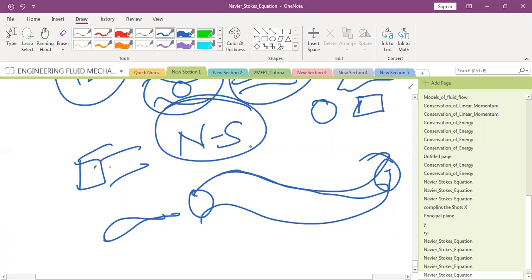Yes sir. So the Navier-Stokes equation does not have a solution for all geometries, and that is why we need to devise certain approximations to this equation. And the rest of fluid mechanics is just the study of those approximations, nothing more than that.